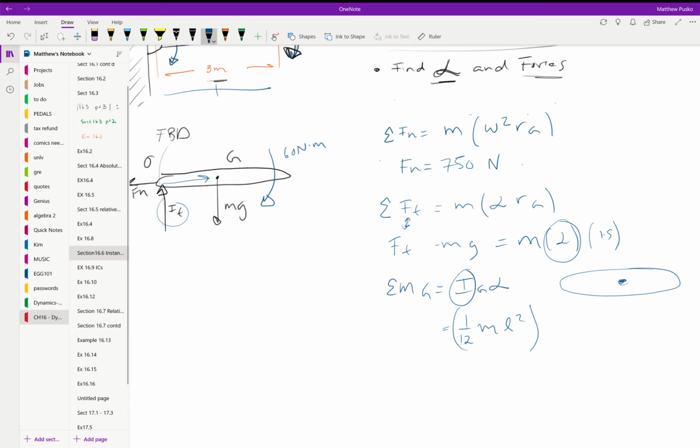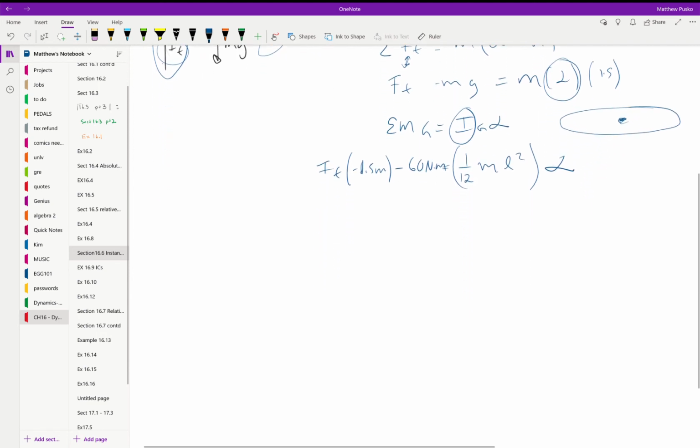Just search for moments of inertia. Don't forget the alpha, and we need to sum up what moments we have. Well, there's this one at the pin right here, Ft, and it's acting a negative 1.5 meters away. And then we also have a negative 60 Newton meter moment that we cannot forget also. This one right here.